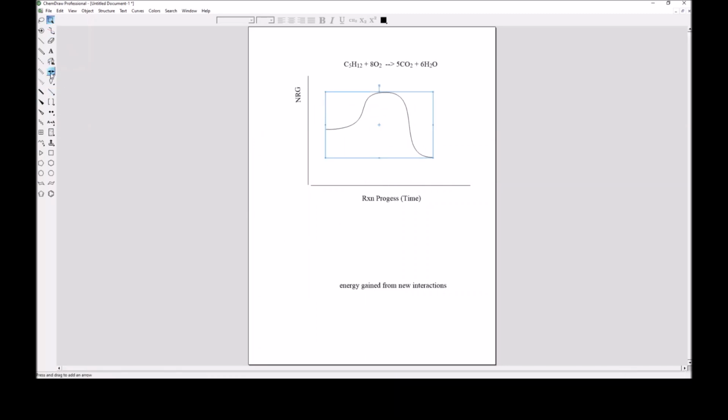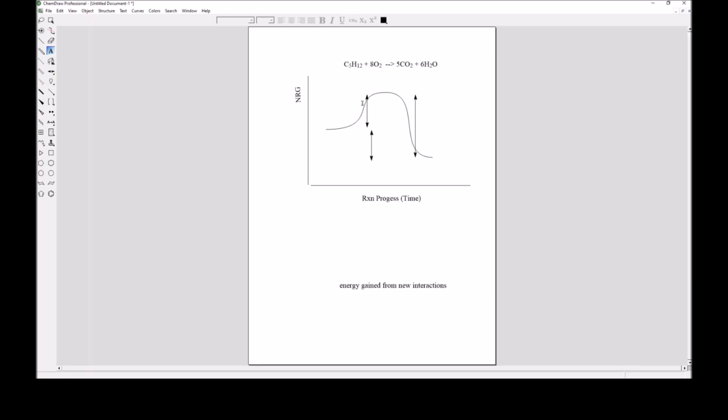And we still have kind of the same process. Here is the activation energy associated with the reaction. And then we have, we'll talk about this arrow in just a second, but this is the total energy associated with the reaction. And that's that delta H that I showed you before.